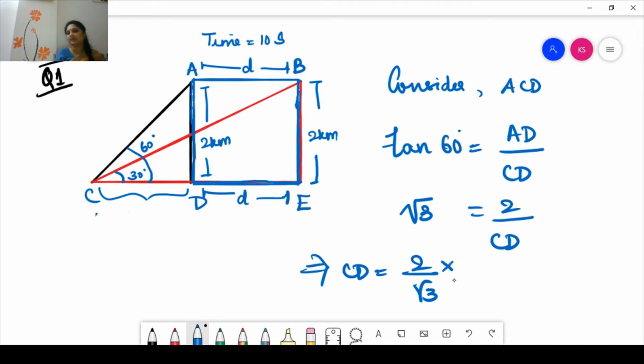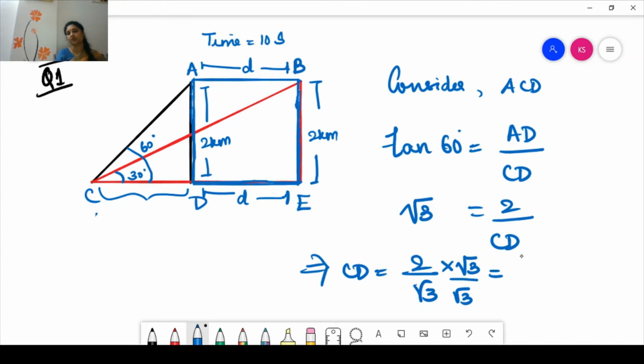If I multiply by another root 3, I get a rational number 3. So the rationalizing factor of root 3 is root 3. Now I cannot multiply only the denominator by root 3. I'll have to multiply even the numerator by root 3. This is how we rationalize the denominator.